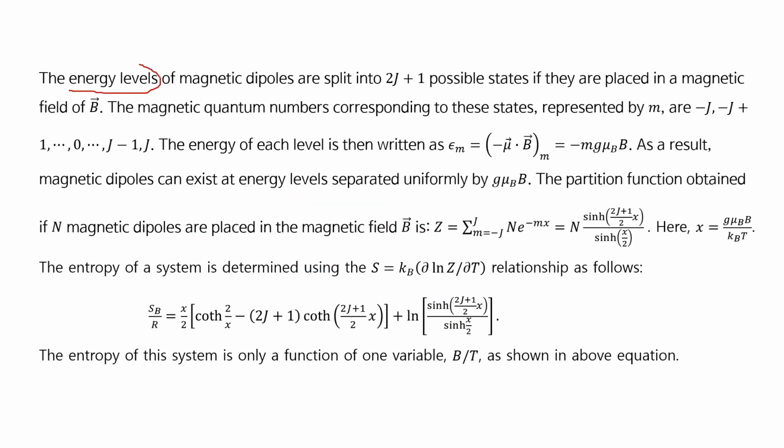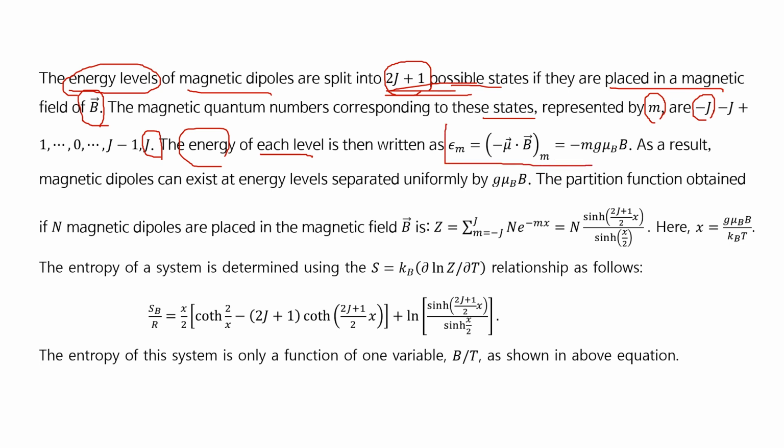The energy levels of magnetic dipoles are split into 2J plus 1 possible states if they are placed in the magnetic field B. The magnetic quantum numbers corresponding to these states are represented by M, which run from minus J to J, giving 2J plus 1 possible states. The energy of each level is then written as this equation.